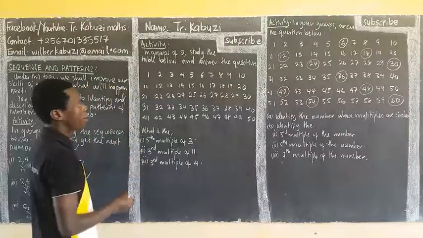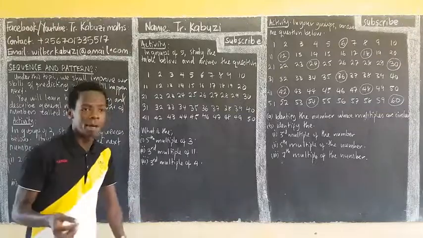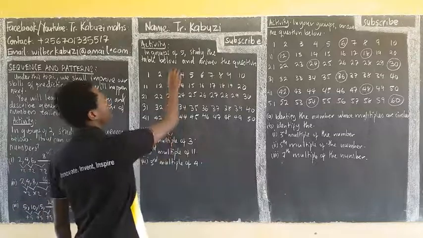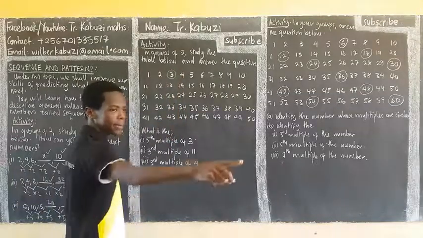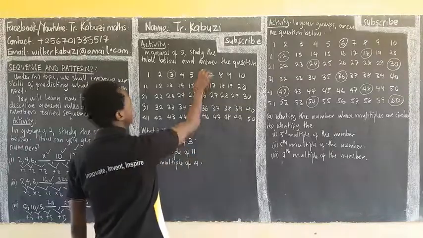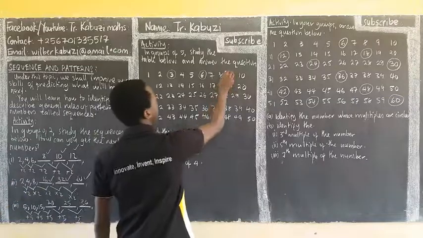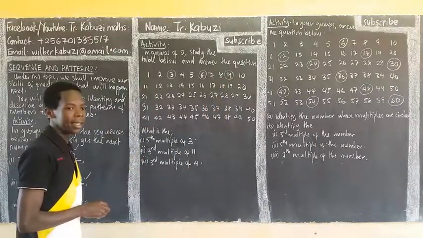So we pick out multiples of 3. When I reach a number, you tell me whether it's a multiple. What's the first multiple of 3? 3. So this is the first multiple. The next multiple is 6. The next is 9. They want the 50th. Have we reached the 50th?